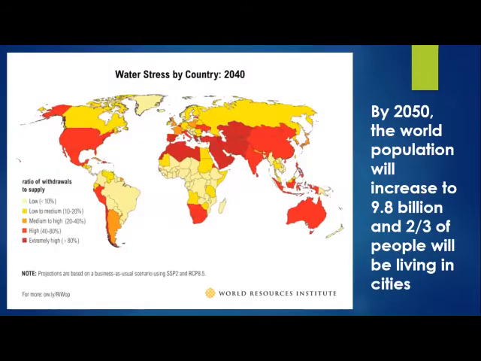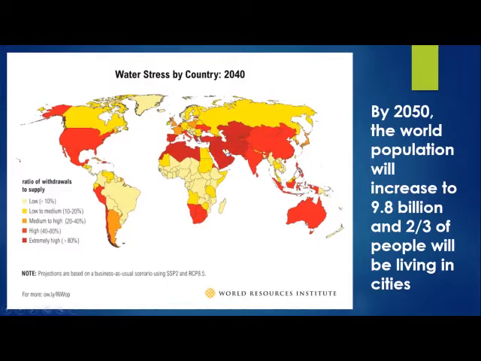Now, the world in the future is a little bit more dangerous because by 2050, as I mentioned, the world population is going to go up to 9.8 billion. And that's a huge amount. Now if we look at 2040 and what's going to happen in terms of water requirements and the water supply in various countries, we see that it's a pretty bleak picture, because anything in color is pretty much a country that is going to be suffering with some level of water shortage.